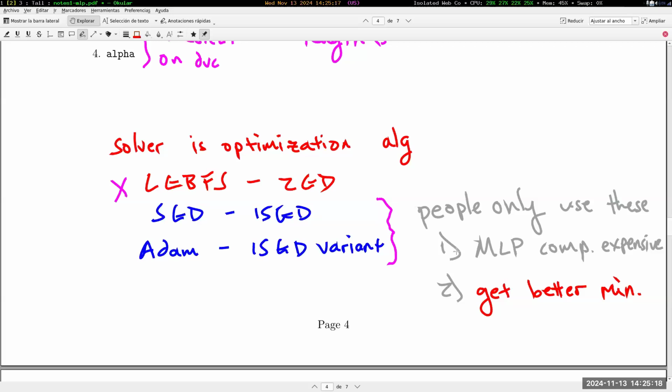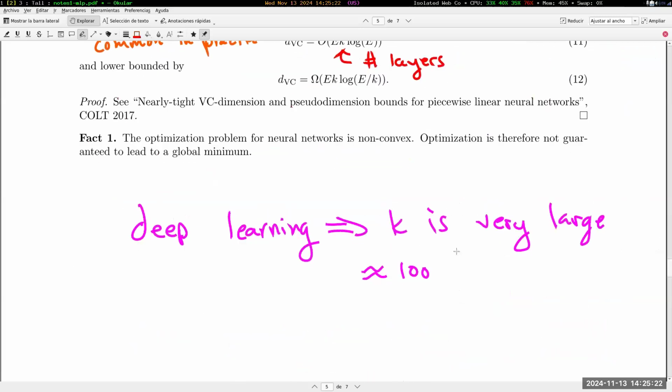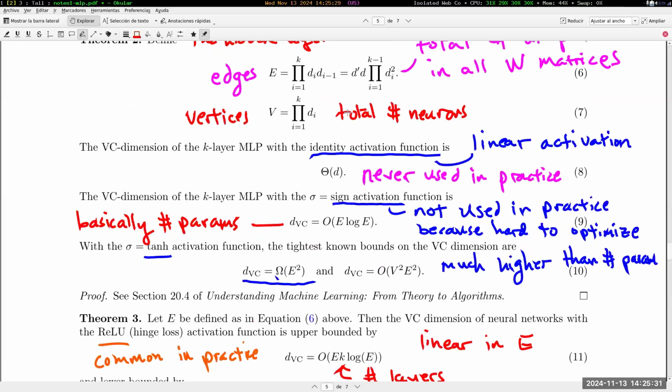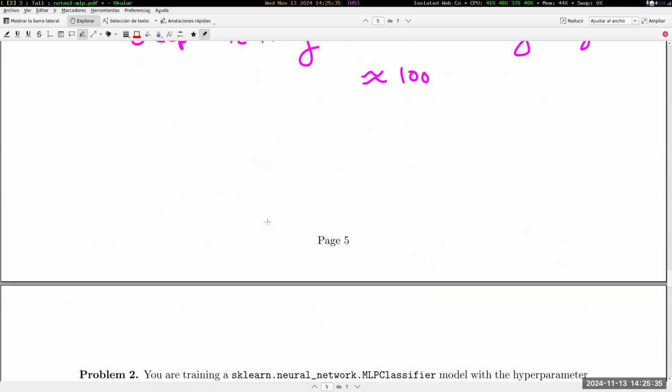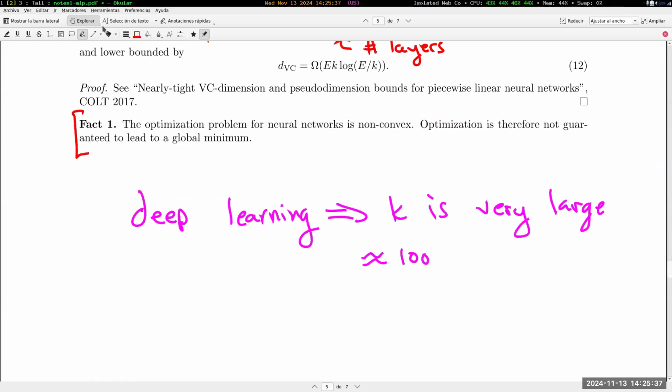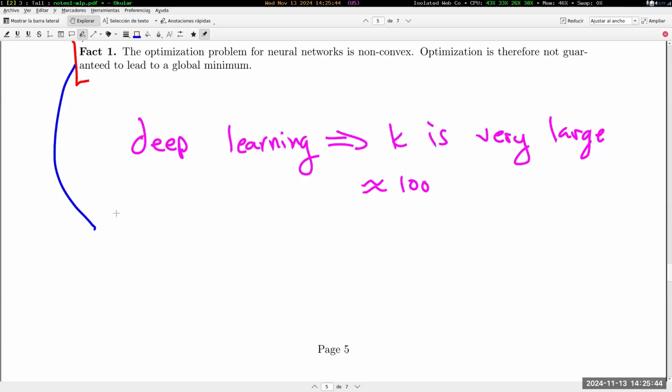I'm going to scroll down here in a second to illustrate why that is. It's related to this fact right here, that when you chain these multiplications together with these non-linearities in between them, like you're doing right here inside of this phi function, this makes the optimization very, very non-convex. And so in one dimension, your loss function is going to be very crazy looking with lots and lots of squiggles like this.